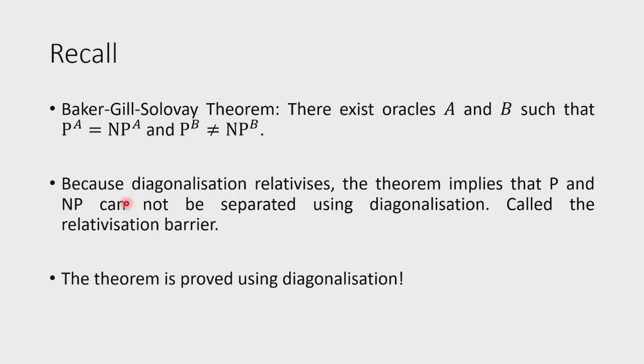In particular, I say that a proof uses diagonalization if it only relies on two things. Number one, every Turing machine can be represented using strings, and number two, one Turing machine can simulate another Turing machine without too much blow up in time or space. If a proof uses just these two things, then I would call it a diagonalization proof. Over here I've made it much more formal, but the essential idea is exactly the same.